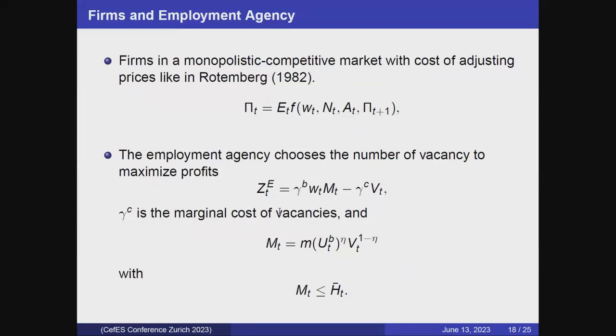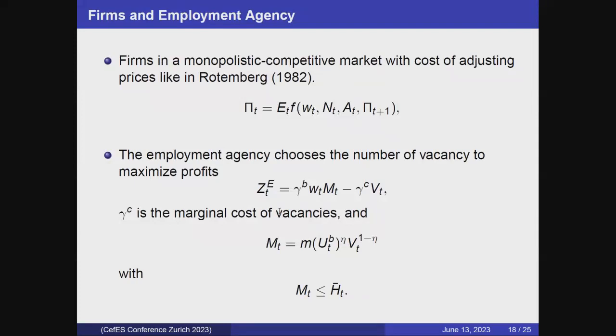The employment agency is subject to this matching function. So given the vacancies, this is going to produce how many matches there are for given unemployed people there. Plus, there is going to be a bound that we add here, and I'm going to explain why.